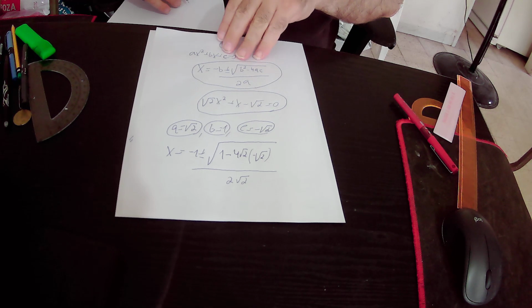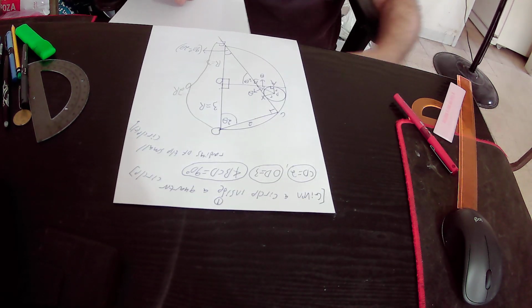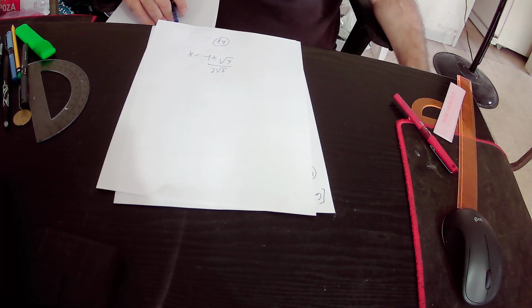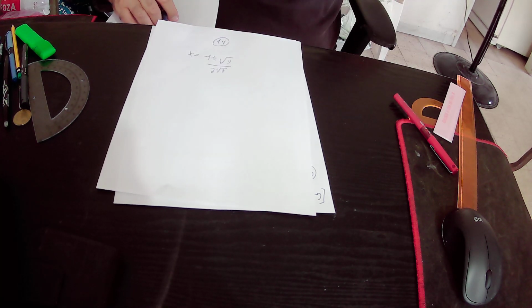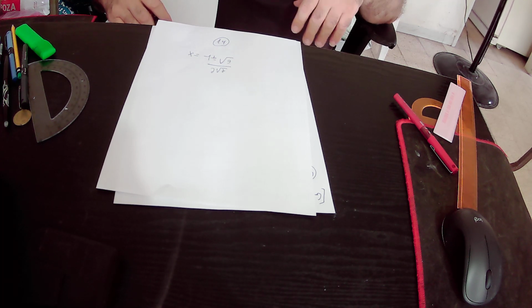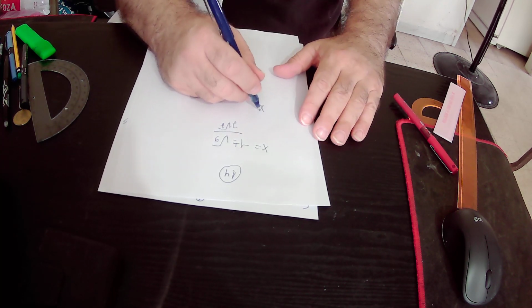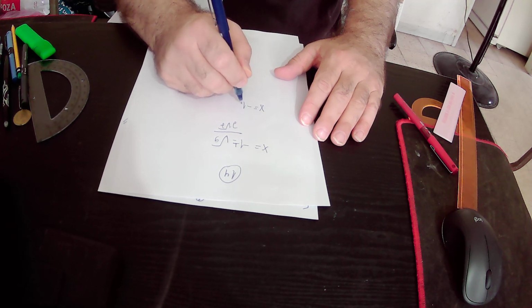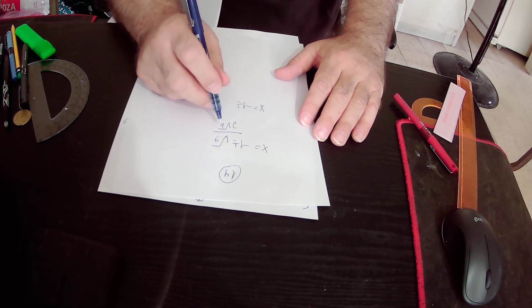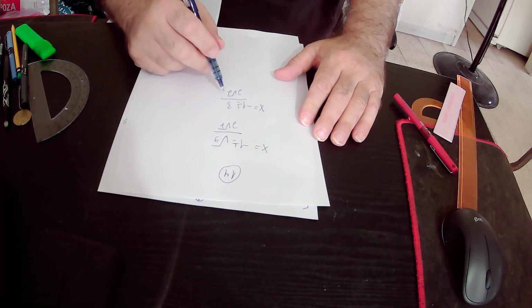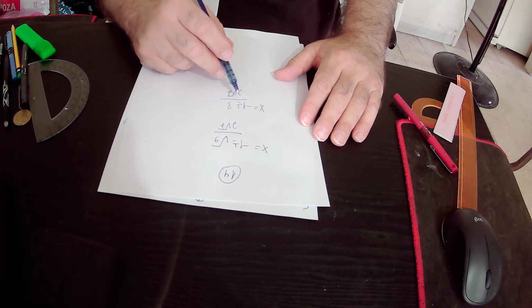So in total we got that x equals minus 1 plus minus root 9 over 2 times root 2. The root of 9 is 3, so I write it down. X equals minus 1 plus minus 3 over 2 times root 2. So we have here two solutions for x.